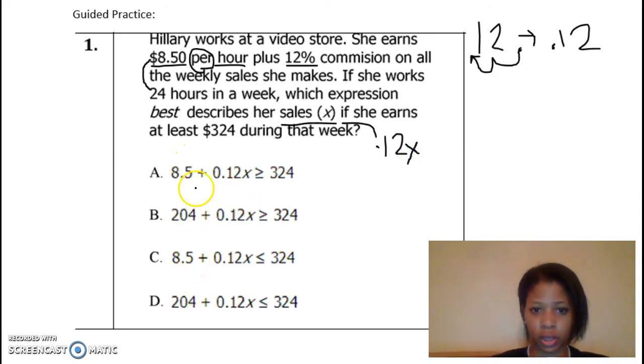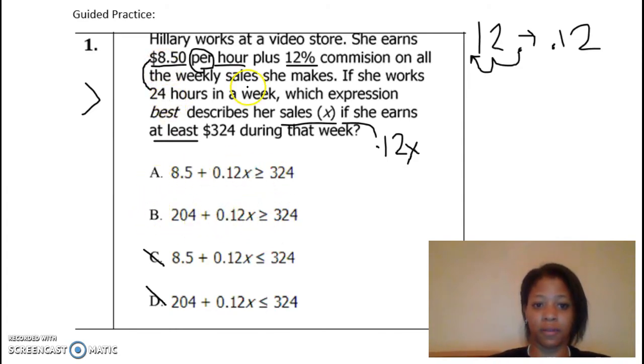So now I'm looking, and it says, which best describes her sales if she earns at least, this is a key word, $324. So that means we want the little part of my inequality pointing to the 324. So I'm going to automatically rule out C and D, because I want this to be the least amount, and then she can earn more than that, right?